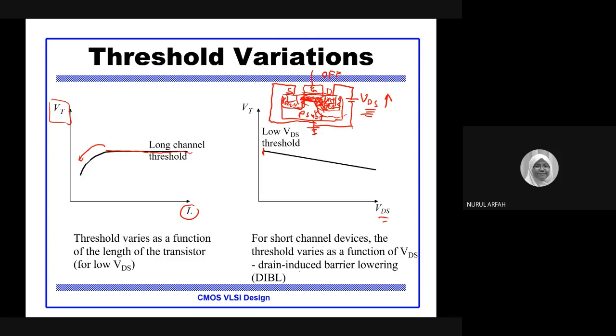But due to drain induced barrier lowering, because the VDS keeps on increasing, you will have some channel here. And what is drain induced barrier lowering? If you observe it in terms of the energy band, that one is a bit hard to explain.